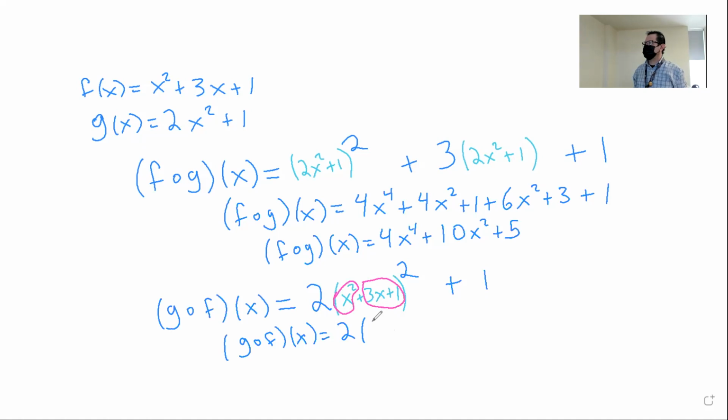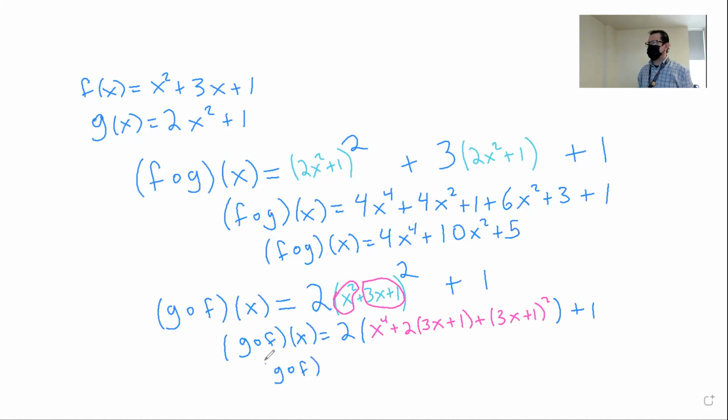And so this is going to be the same as having x to the 4 plus 2 times 3x plus 1 plus 3x plus 1 squared plus 1. This is just algebra.